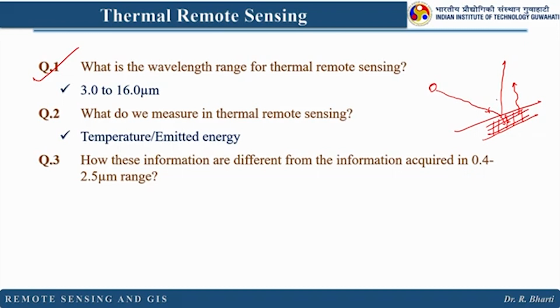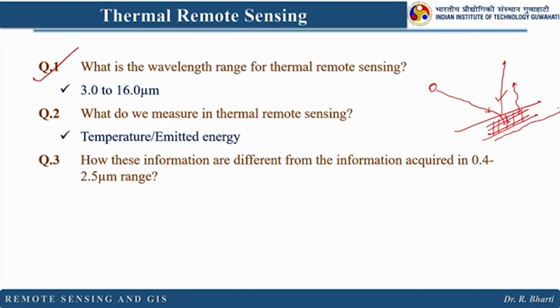So basically, reflected energy is a superficial phenomenon, whereas emitted energy is a volumetric phenomenon, because here the energy is stored in that material, and reflected energy is reflected from the surface itself.